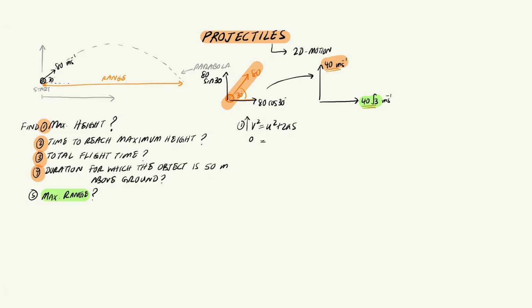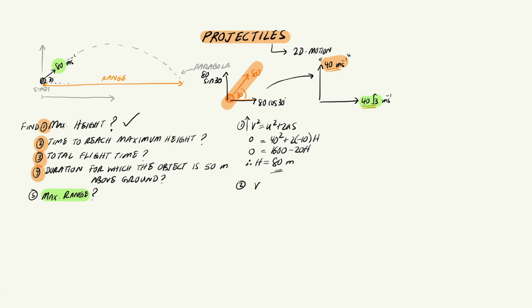Remember, you're not using 80 here, you use 40, because we already split the original velocity into its vertical component. V squared equals u squared plus 2as. 0 equals 40 squared plus 2 times minus 10h, which gives us 0 equals 1,600 minus 20h. So h is 80 meters.